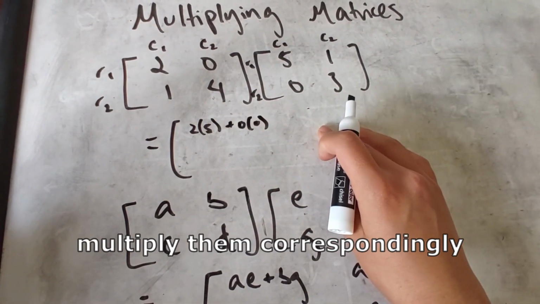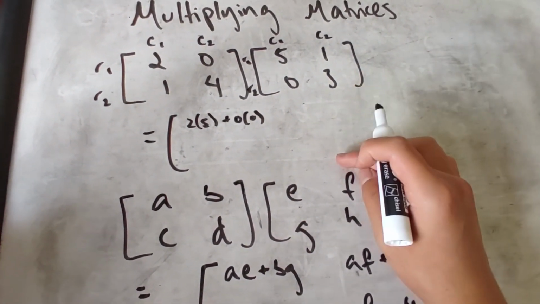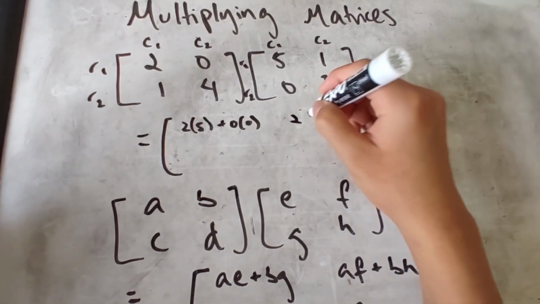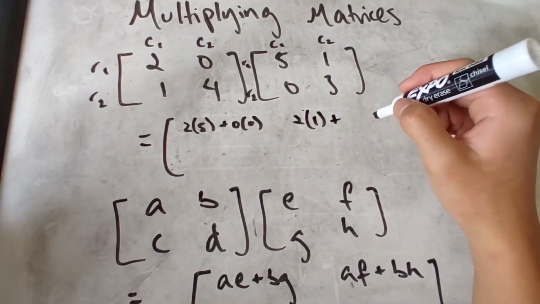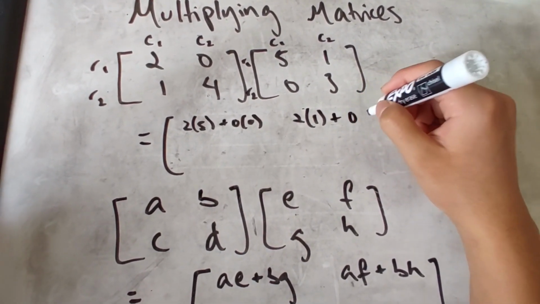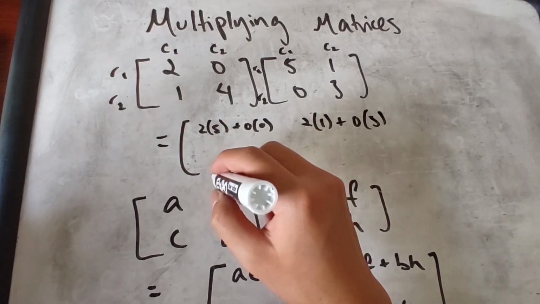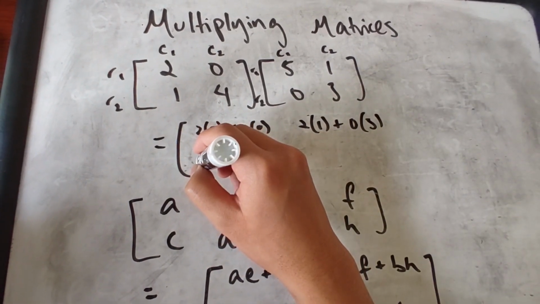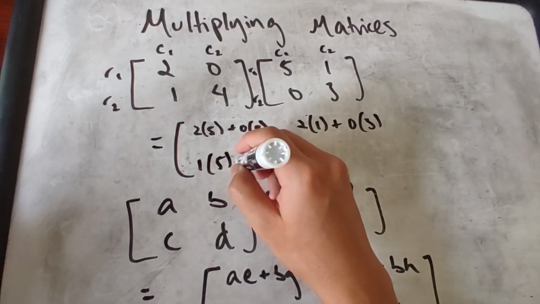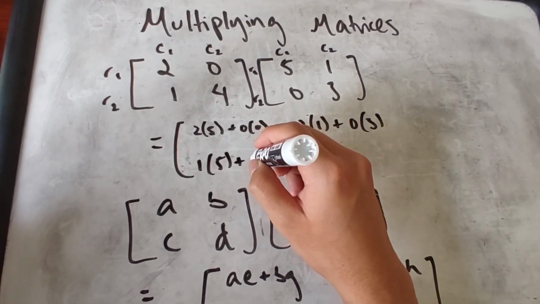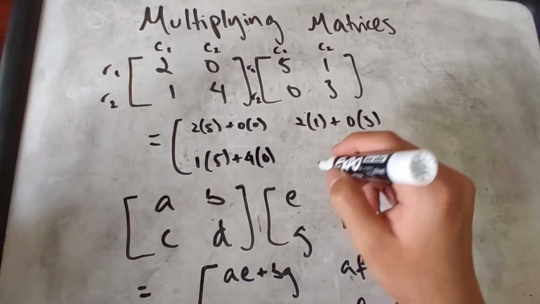And for this value, it'll be row 1 and column 2. So it'll be the first value of row 1 times the first value of column 2 plus the second value of row 1 times the second value of column 2. And likewise for this one, row 2, column 1, it's the first value of row 2 times the first value of column 1 plus the second value of row 2 times the second value of column 1.